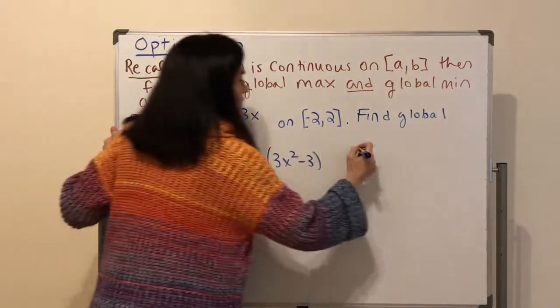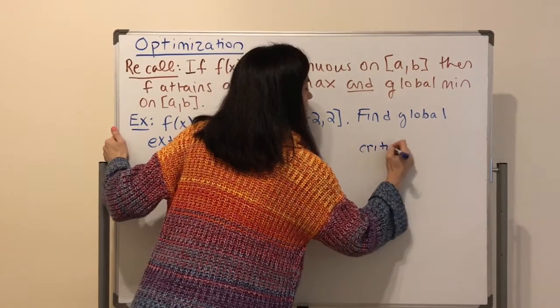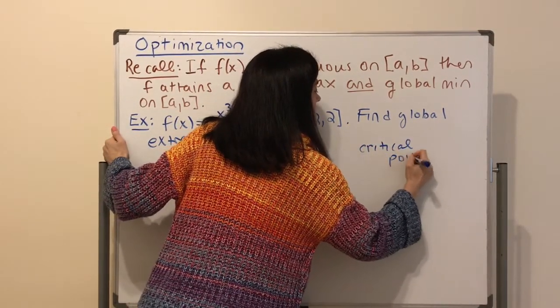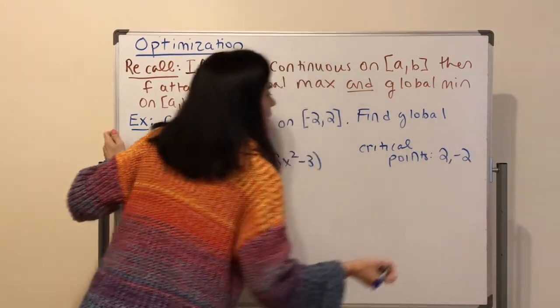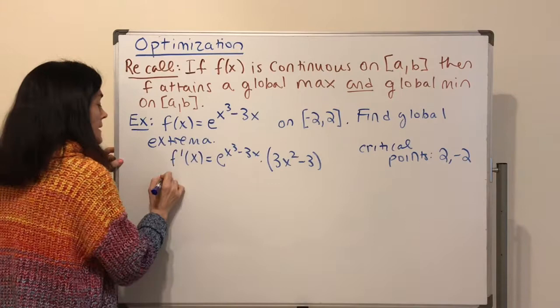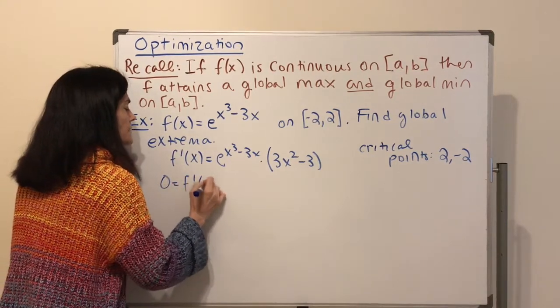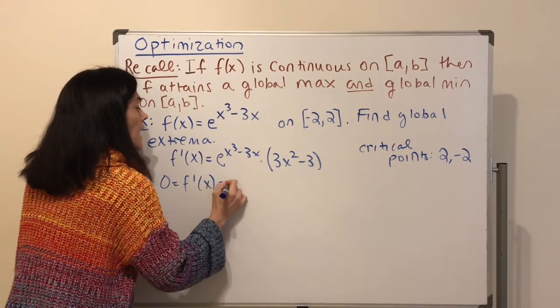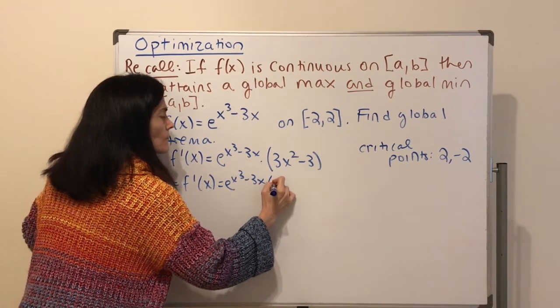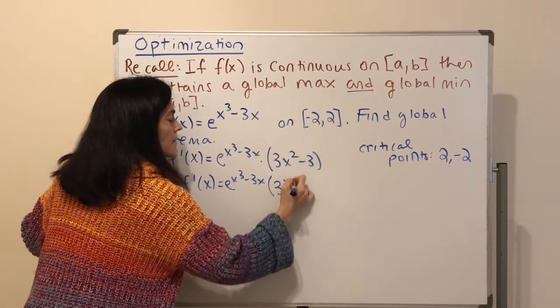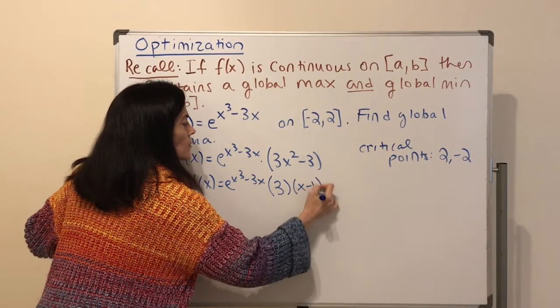So I do have critical points at the endpoints, 2 and minus 2, but also I need to set the derivative to 0 to find the other critical points. And maybe let me just factor while I'm at it.